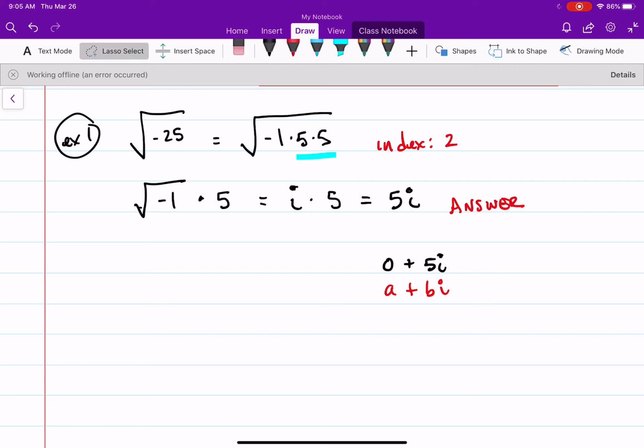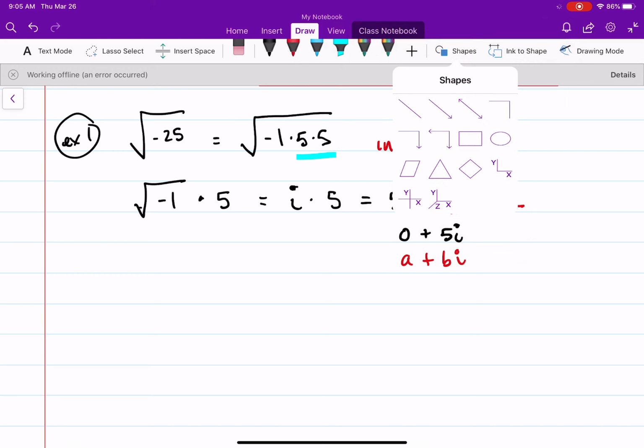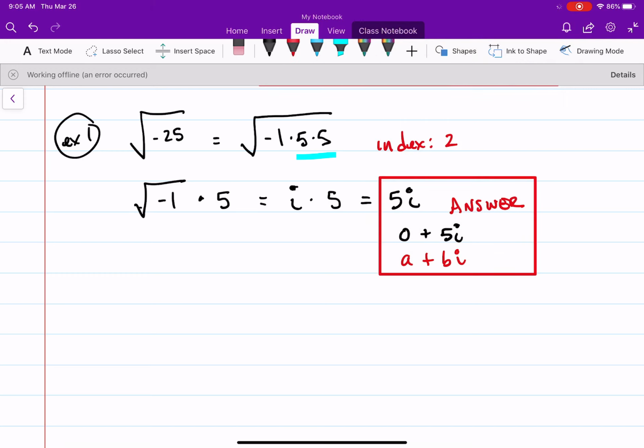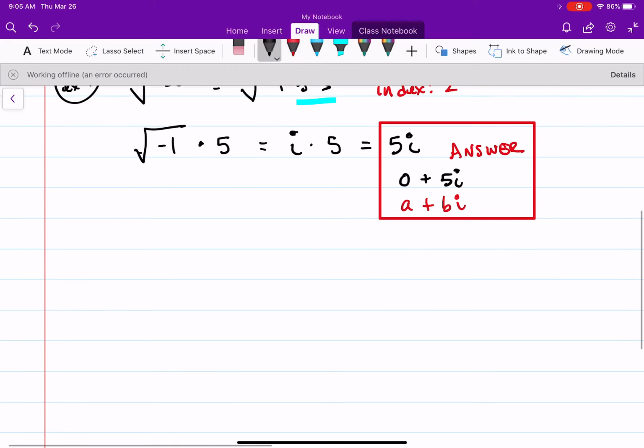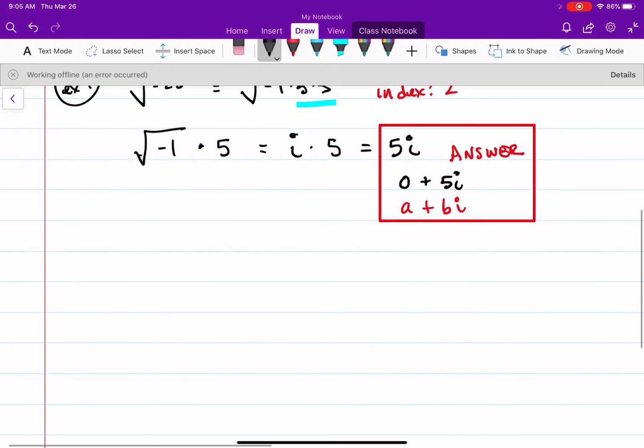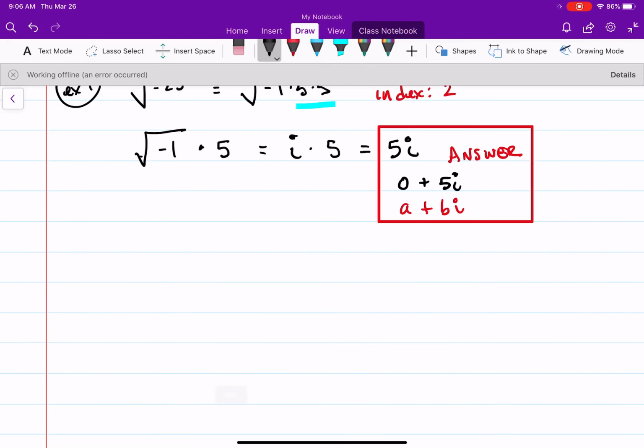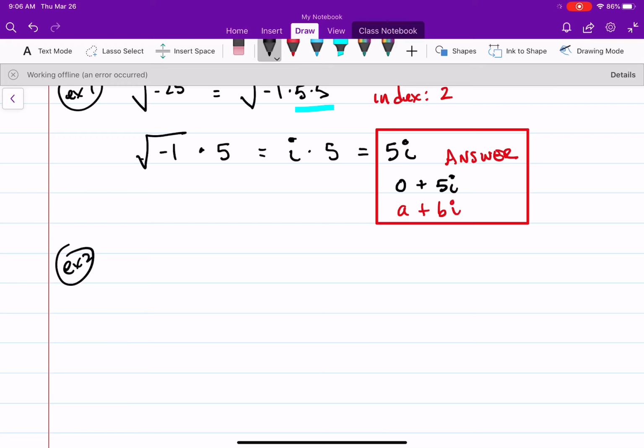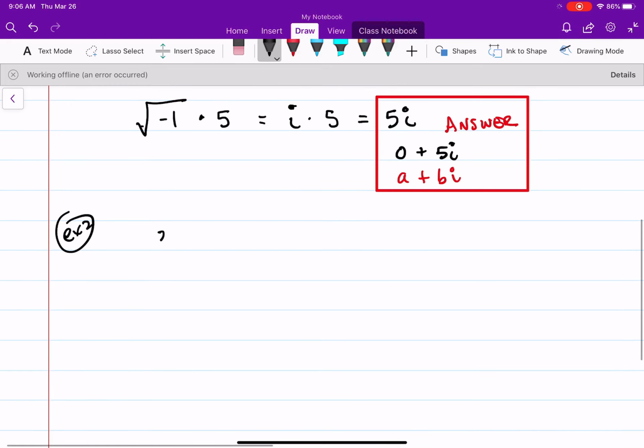Let me do this really quick. Put that over here so that I can box that together. Another example: let's say that I got an answer of just 2.